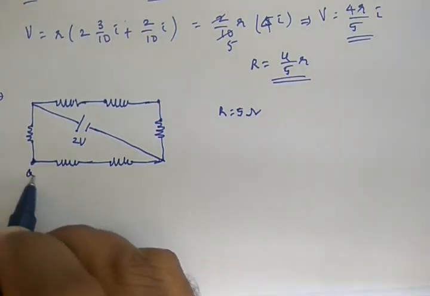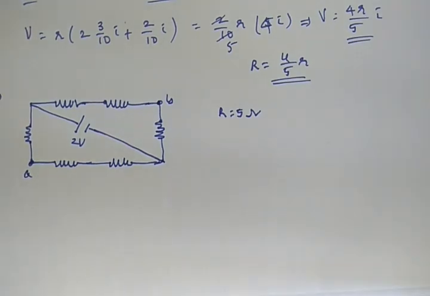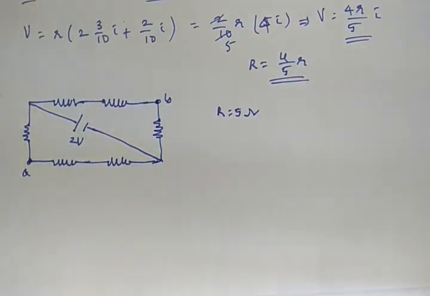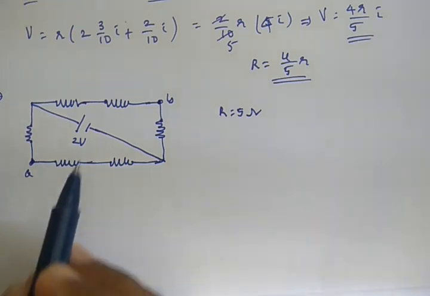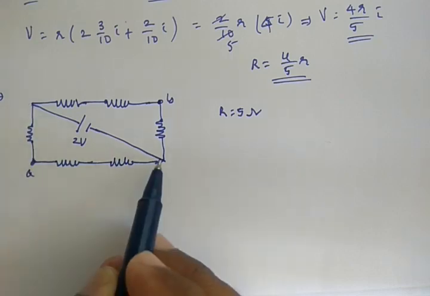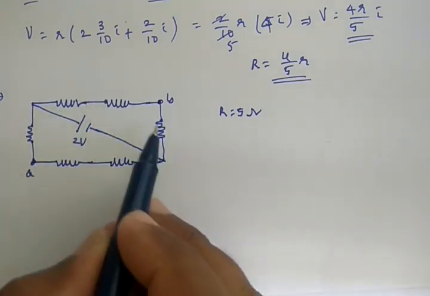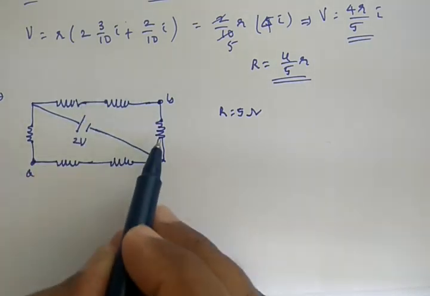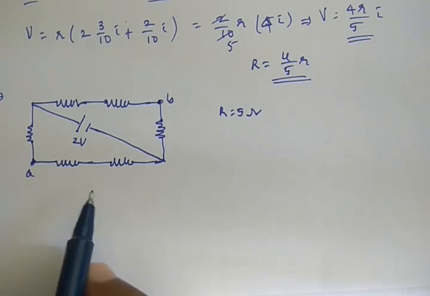So if A is this point and B is that point, how to find the voltage across A and B? See, this battery is connected across this point and that point. See what is there here, 5 5 5. Then net resistance will be 15, and here also 5 5 5, and net resistance will be 15.